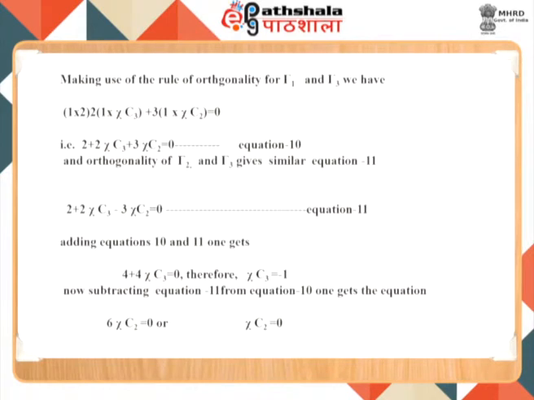That is, we check the orthogonality of Tau 2 and Tau 3, then check the orthogonality of Tau 1 and Tau 3, and thus we will get two equations, and by solving these two equations, equation 10 and equation 11, we get the values of chi C2 and chi C3.